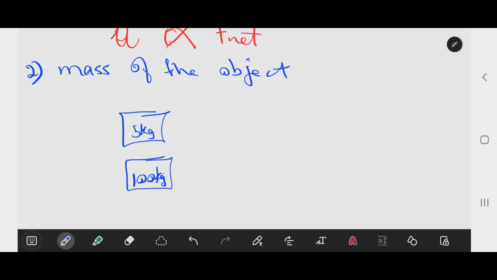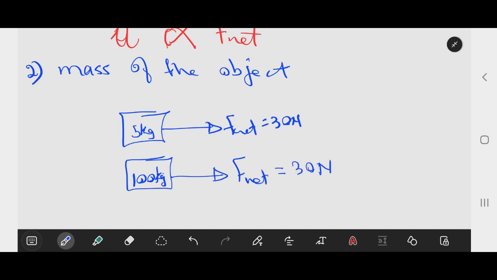So if we were to apply the same amount of net force on both objects, say for example, a net force of 30 newtons to the right on both objects, we want to see which object will experience a greater acceleration, right?